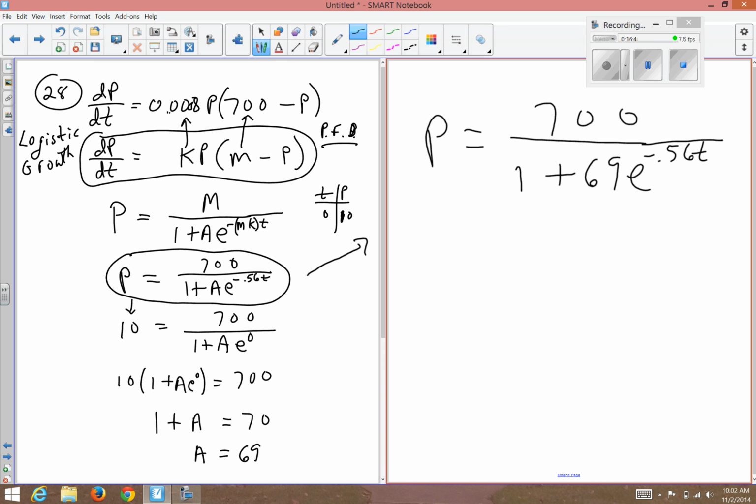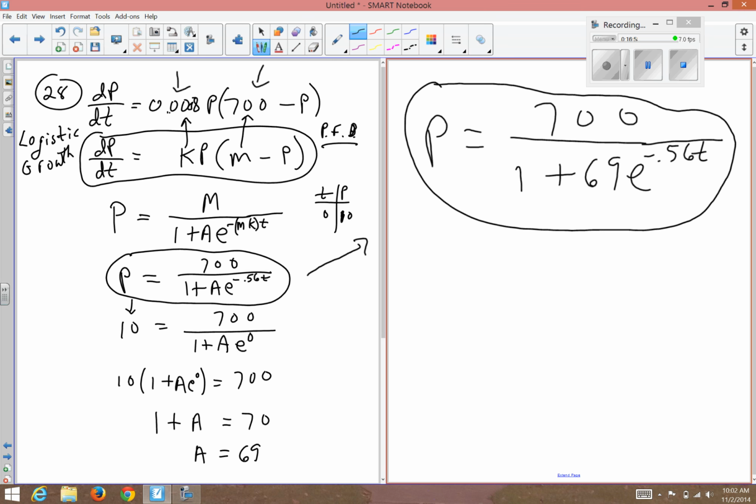Remember, we got the negative 0.56 because it's m times k. That's m, and that's k. That's it. So we really solved this differential equation without doing any integration, without doing separation of variables or integration. Integration would have required partial fraction decomposition.